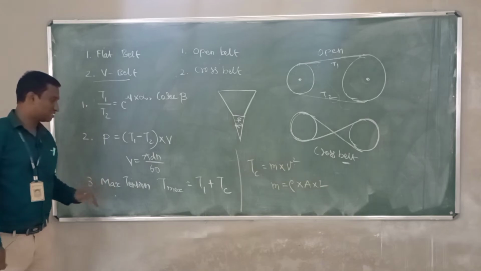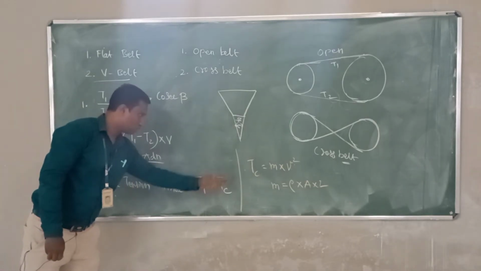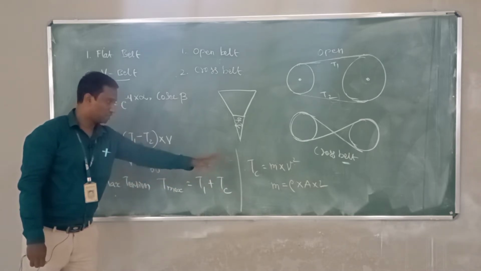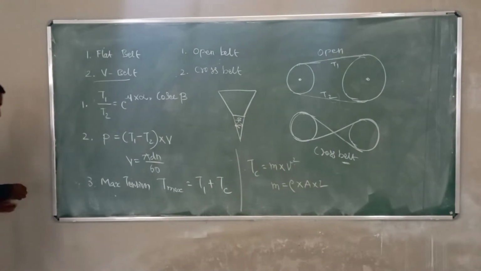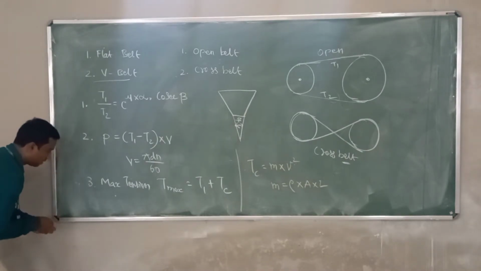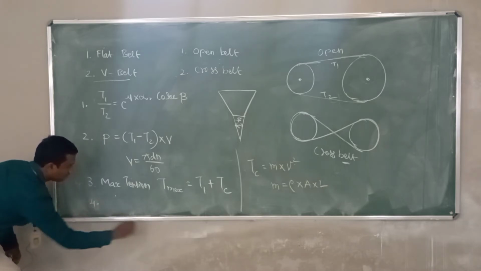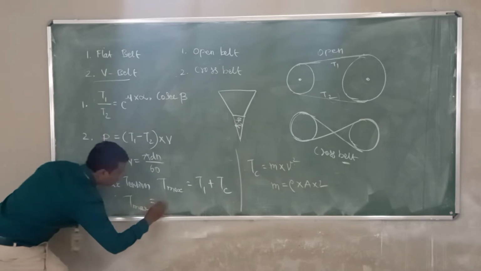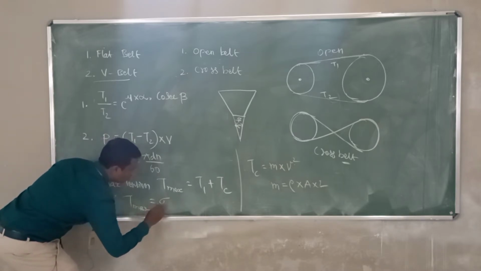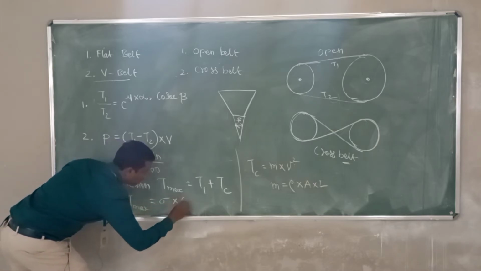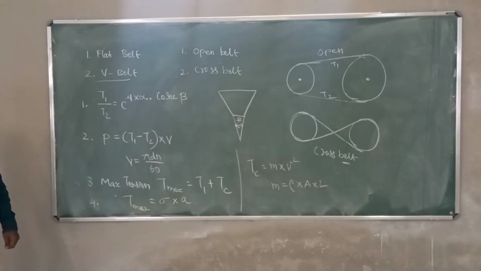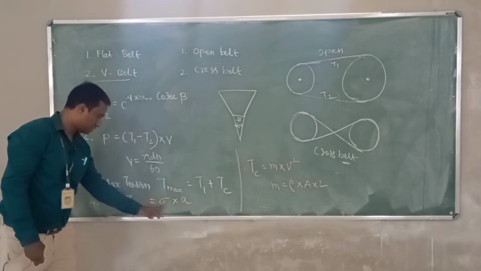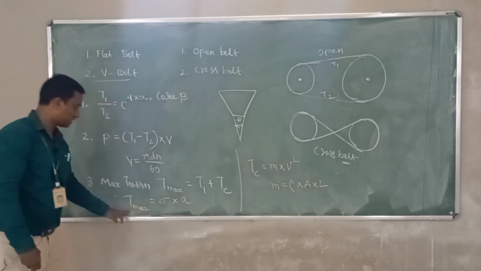If in some cases we don't have the data for density and we also don't know the length, another formula is there for finding the maximum tension: T max is equal to maximum stress multiplied by area, sigma into A. When we have the data for the stress, multiplying with A, we can get the T max.